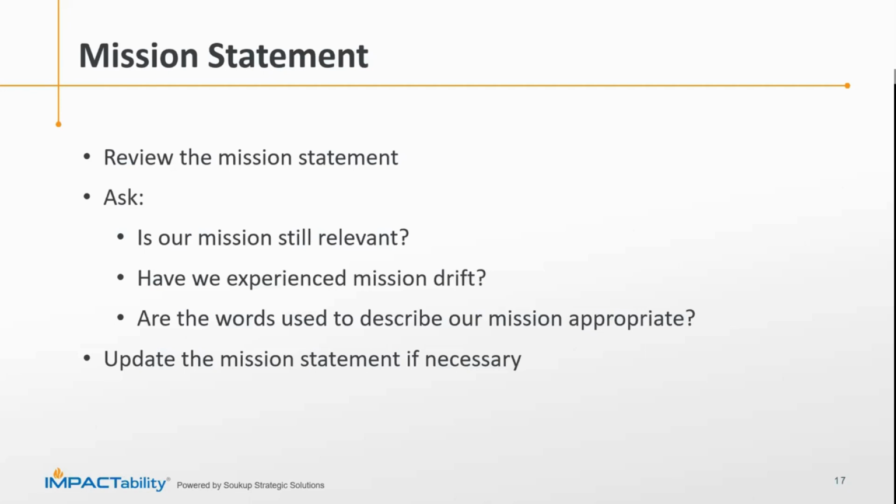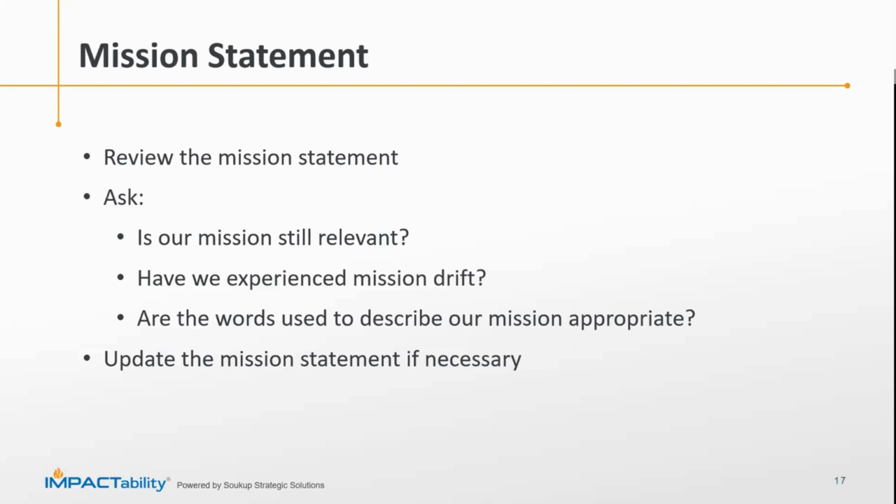Have you experienced any mission drift in the last several years? And is there a better, more concise way to talk about what you do? Sometimes words that we use in one decade are no longer resonating with people in a future decade, and that may be a reason to update your mission statement.